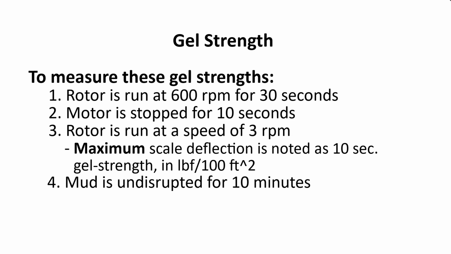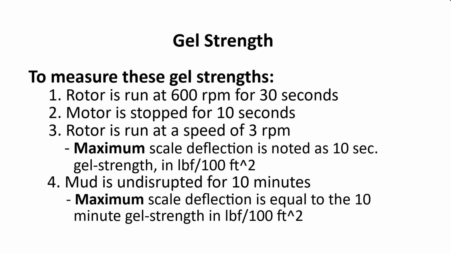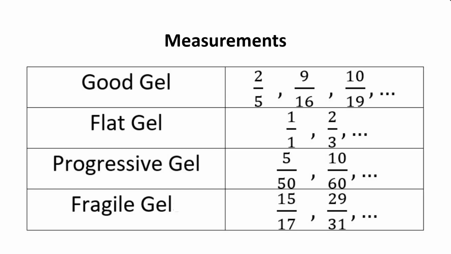For the 10-minute gel strength, repeat the same procedure as for the 10-second gel strength, but this time a period of 10 minutes is allowed to pass without disrupting the mud. The maximum scale deflection is equal to the 10-minute gel strength in pound force per 100 feet squared. Desirable gels build rapidly and stabilize with time. Typical gel strength values are reported in this slide.